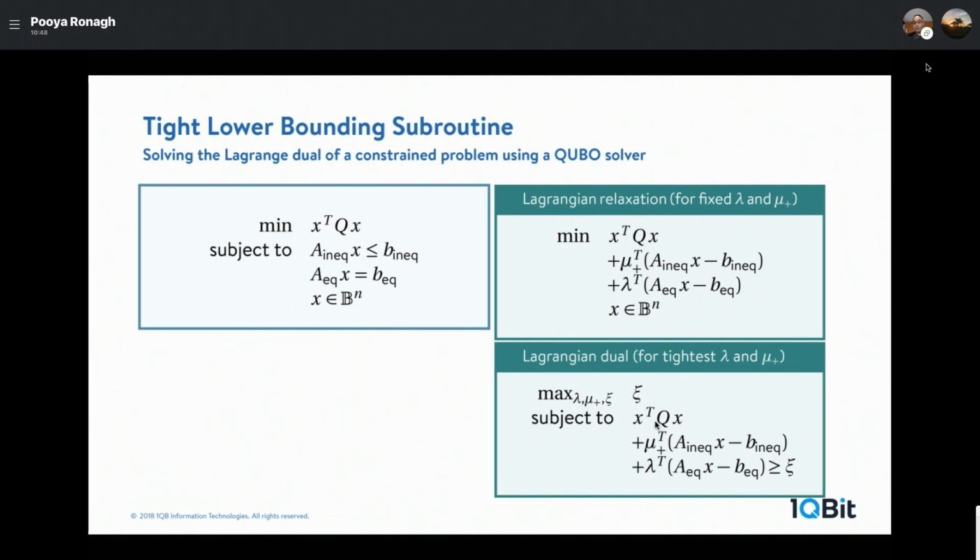In classical algorithms, this is almost never used. What happens is that you first have to relax your binary variables to a continuous domain and try to solve the dual problem. But if you don't do that, and instead take advantage of something like quantum annealing to solve these Lagrangian relaxations, what you get is a much tighter lower bound, which is a bit of an approximation for the primal problem you were trying to solve.